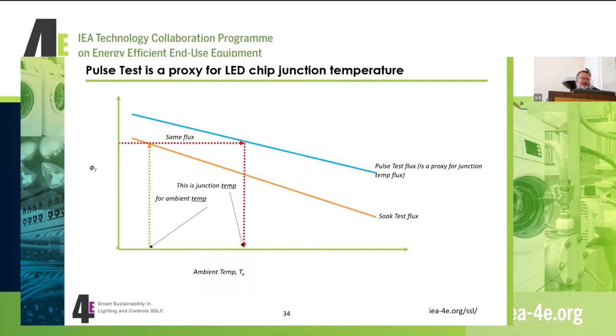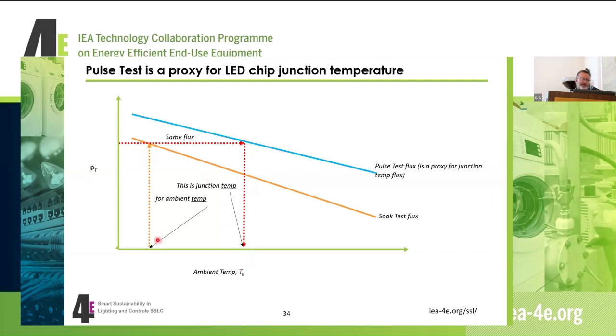How that helps us is, when we have a product, we turn it on and it's at this ambient temperature here, the soak test will get to this point here. We'll start here at the pulse, but we'll drop down to the luminous flux output at this point. That luminous flux is the same as what we got when we did the pulse test. So the initial output at this particular point, when the chip is just turned on, was at this ambient temperature here.